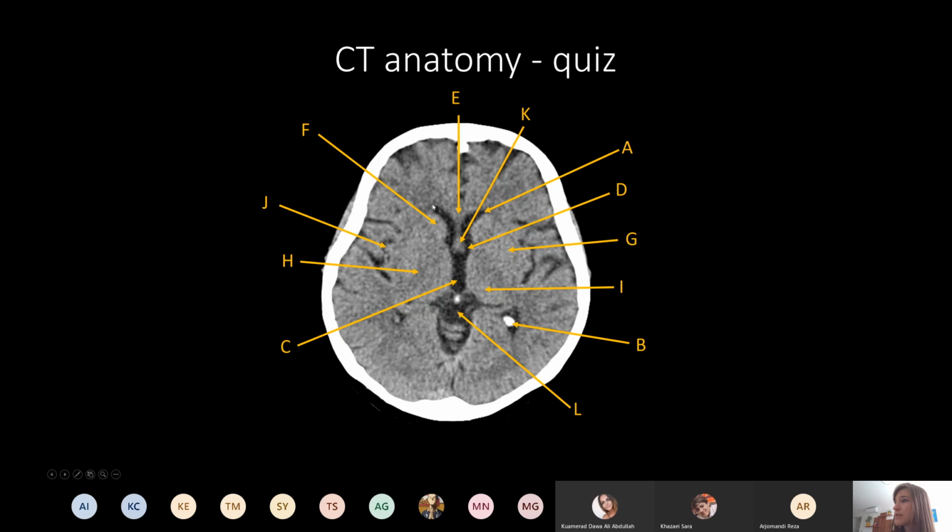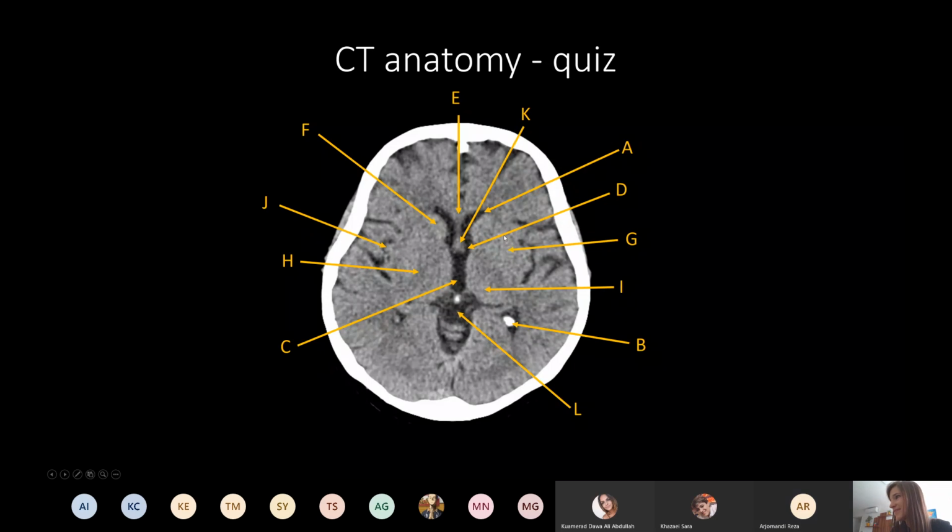E. What's that? Corpus callosum. Yeah, corpus callosum, the genu part. F. Caudate nucleus. Yes.